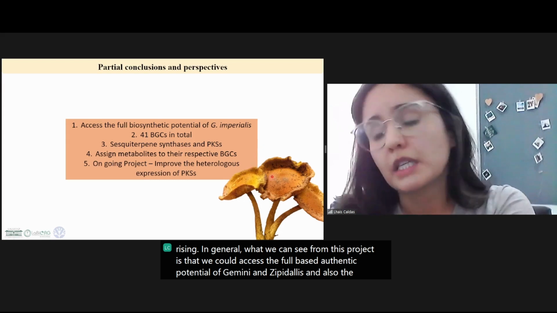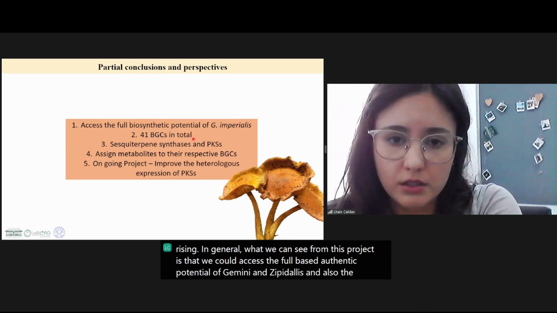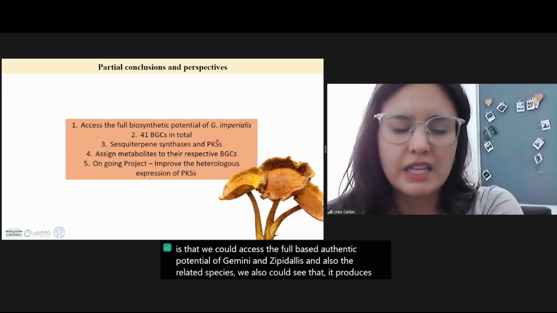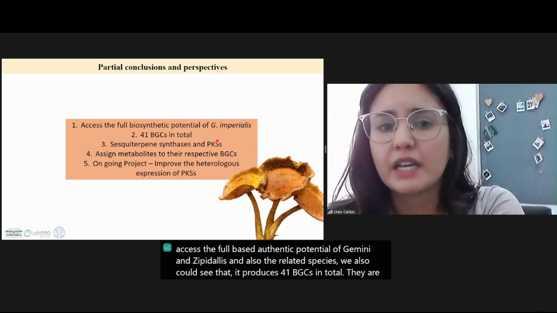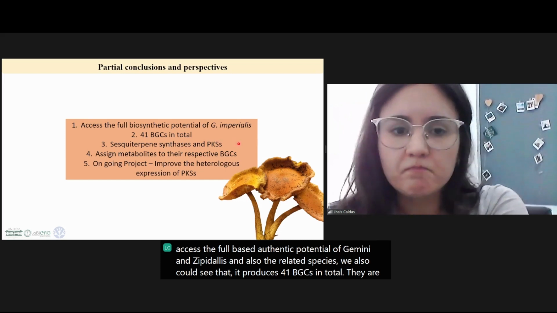We also could see that Geminophilus imperialis produces 41 BGCs in total. They are mostly sesquiterpene synthases and PKSs. We are also working with sesquiterpene synthases.